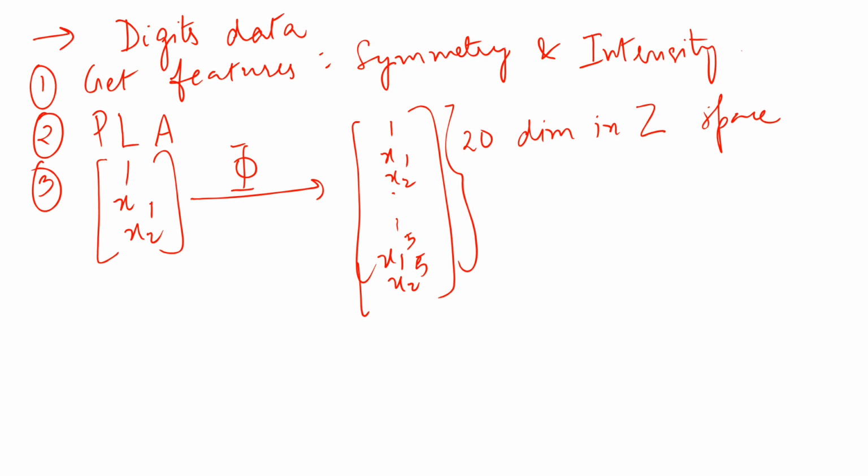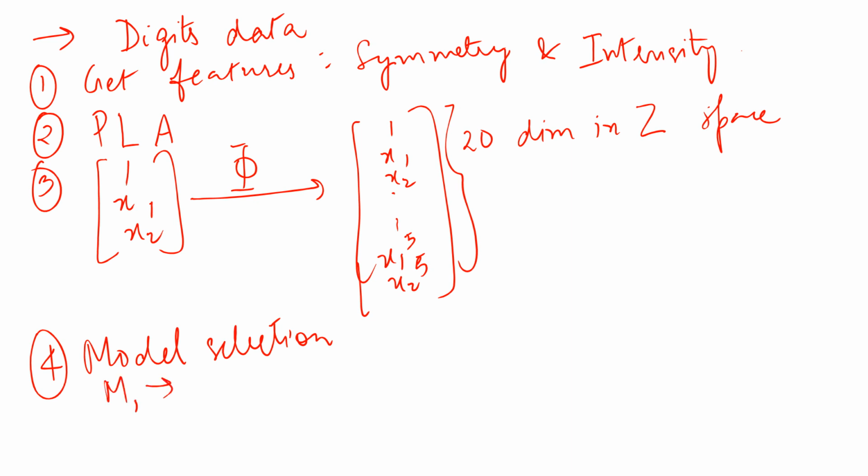And so we'll use validation because we want to do model selection. The fourth thing we're trying to do here is model selection. The best way to do that is to have these different models. Let's say M1 was the model that had only one feature, so 1 and Z1.